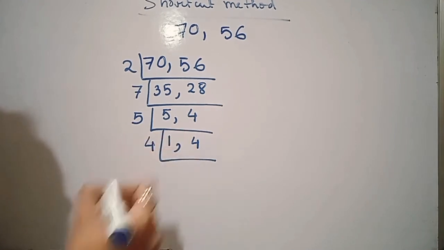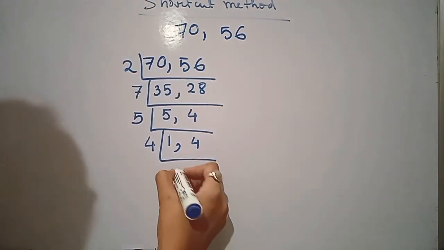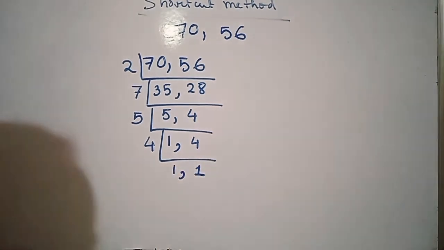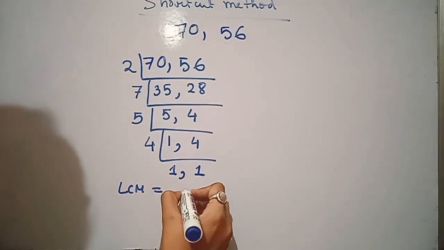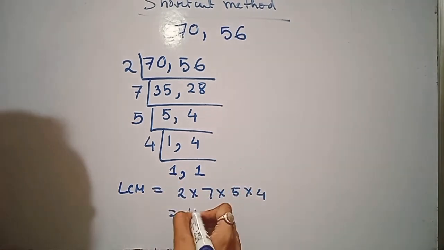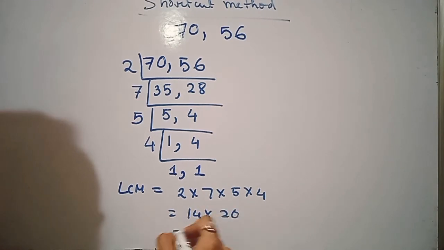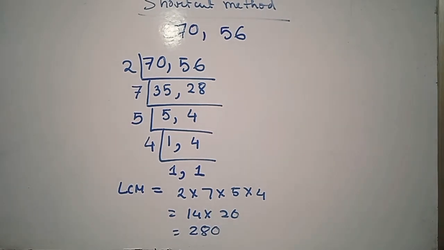In the next step, I will divide 4, so this will be 1 and 1. So the LCM of 70 and 56 is 2 into 7 into 5 into 4, that is 14 into 20. 2 14s are 28 and there will be a 0. My answer will be 280.